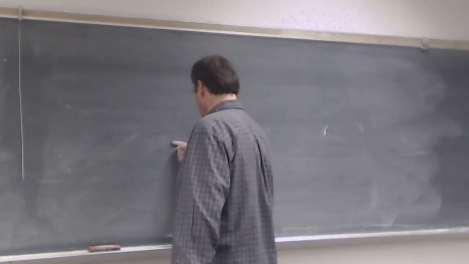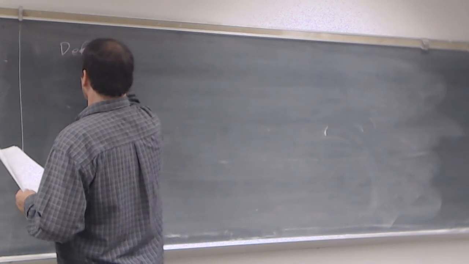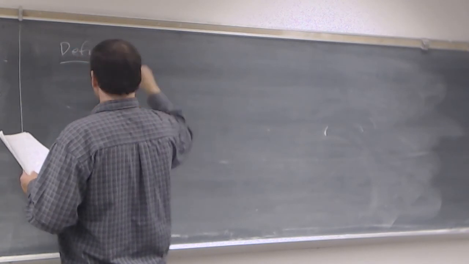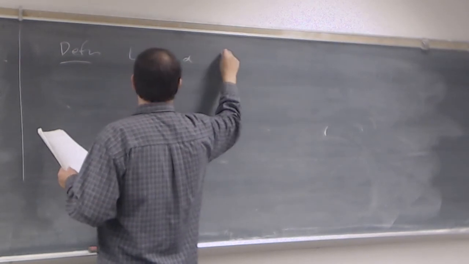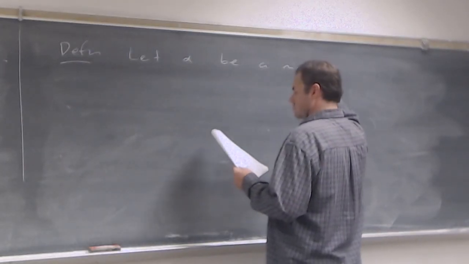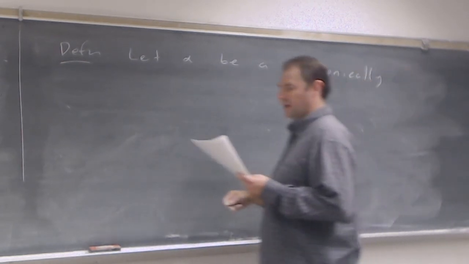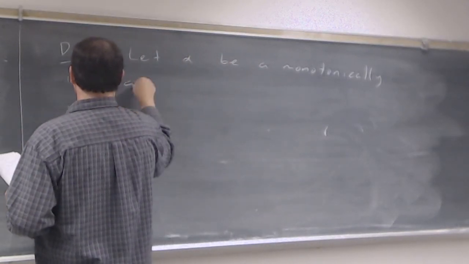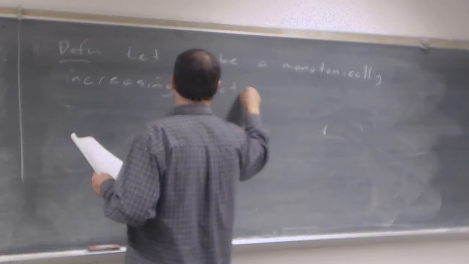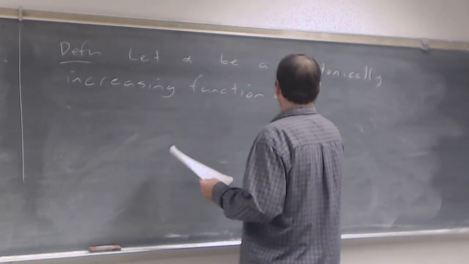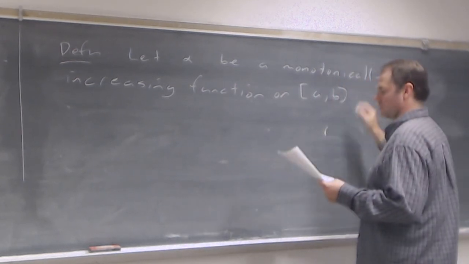What I want to do now is move on to some slightly more abstract definitions so that we get to something called the Riemann-Stieltjes integral. And so here's what we have. A preparatory definition, we're going to have several definitions, is we're going to start off by letting alpha be a monotonically increasing function on A to B, okay?